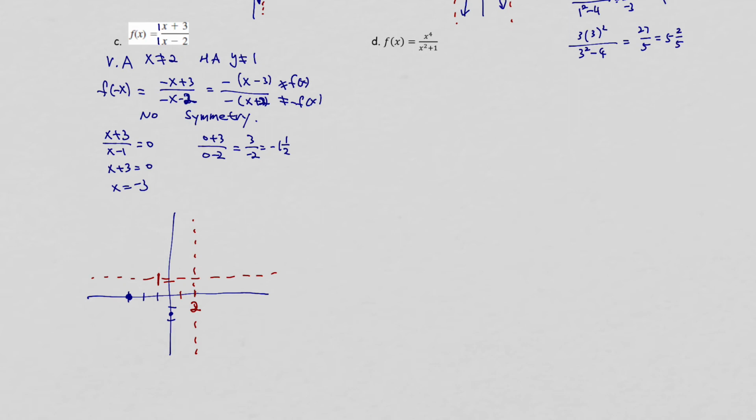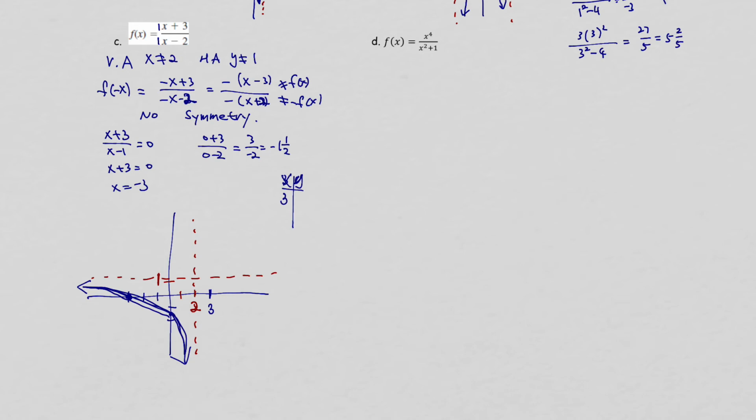Draw the smooth curved line. The other side, I don't know if it's up or down, so we need to plug in points. I guess we're going to plug in 3. That's x, y, 3.